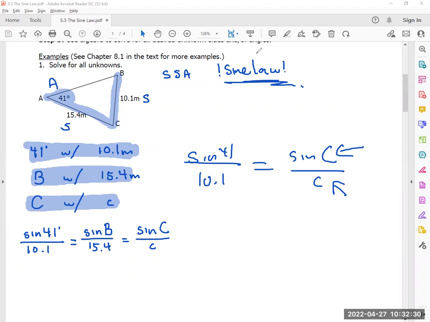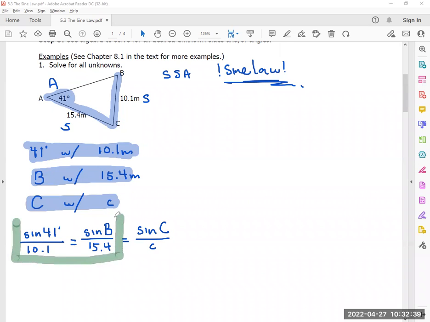So by default, I am going to start with, I'll do a different color here, this. Here we go. Sine 41 divided by 10.1. Again, I can't do this without a calculator.